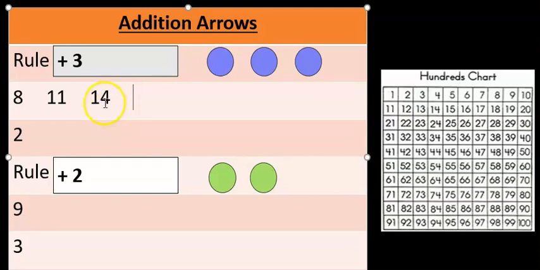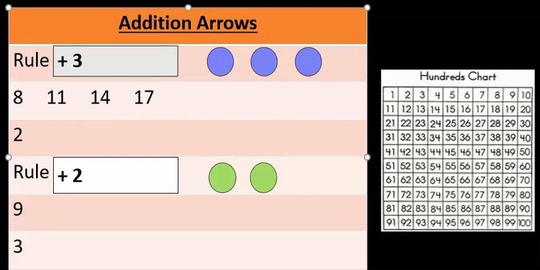Now, let's count. We got to count 3 of these. These 3 blue circles are going to help us. Let's count from 14. Follow Mr. Begay. 14, 15, 16, 17. So our next answer is going to be 17.